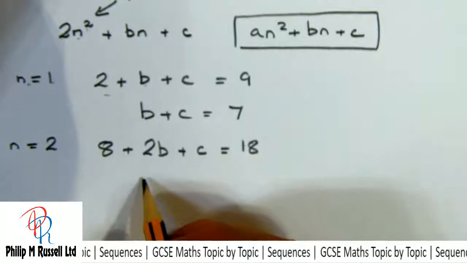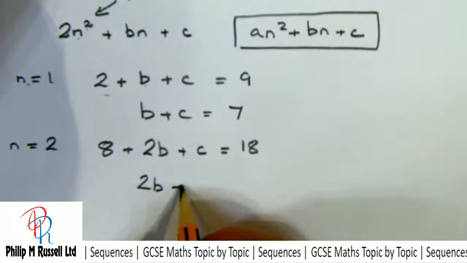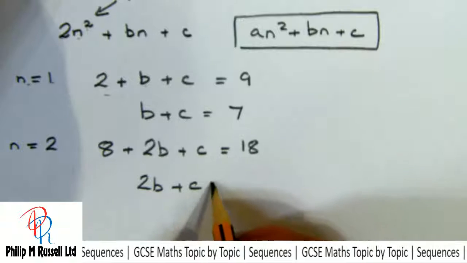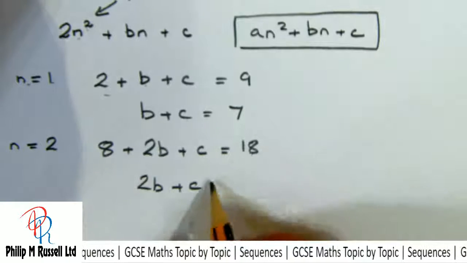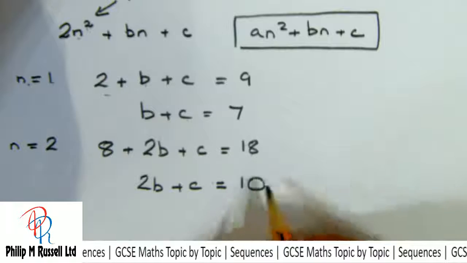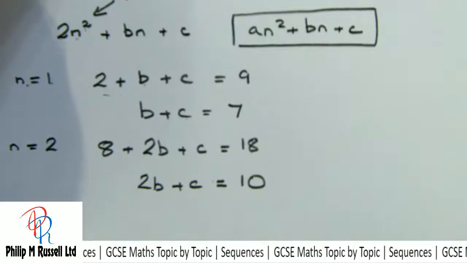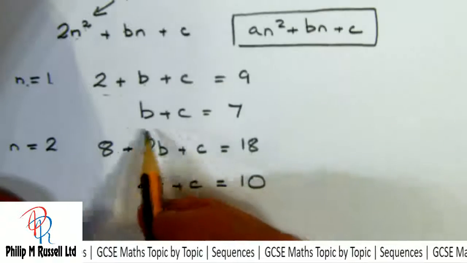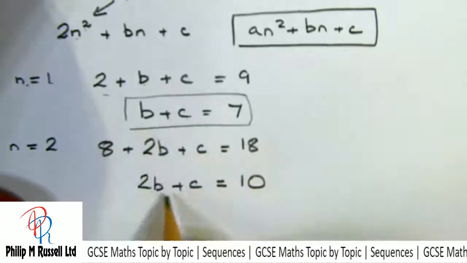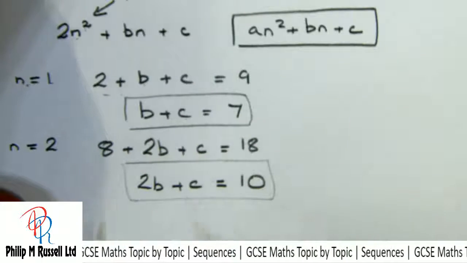So I can work out that 2b plus c equals 18 minus 8, which gives me 10. I've now got a simultaneous equation. I've got this set of values and this set of values.